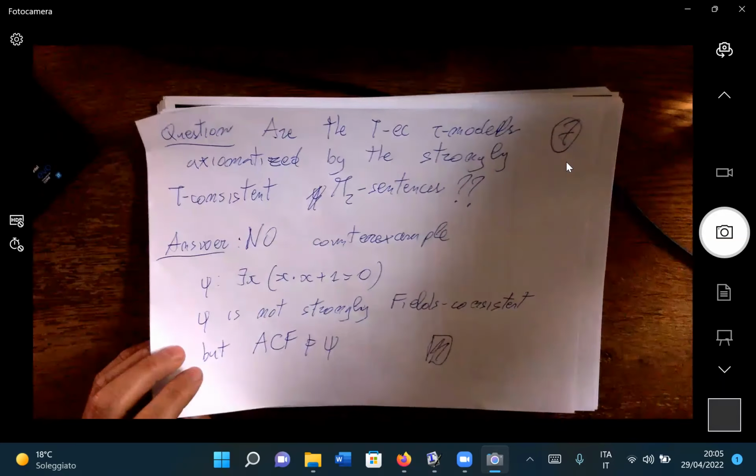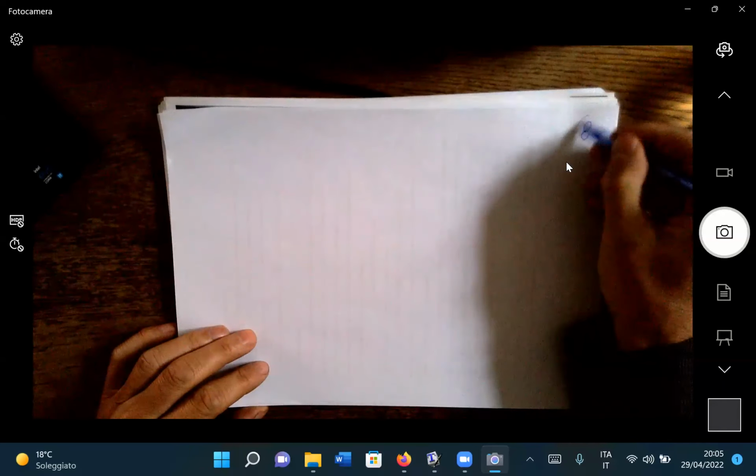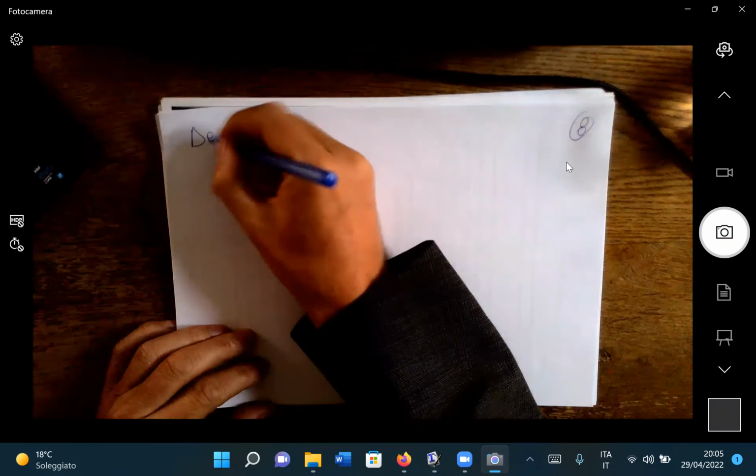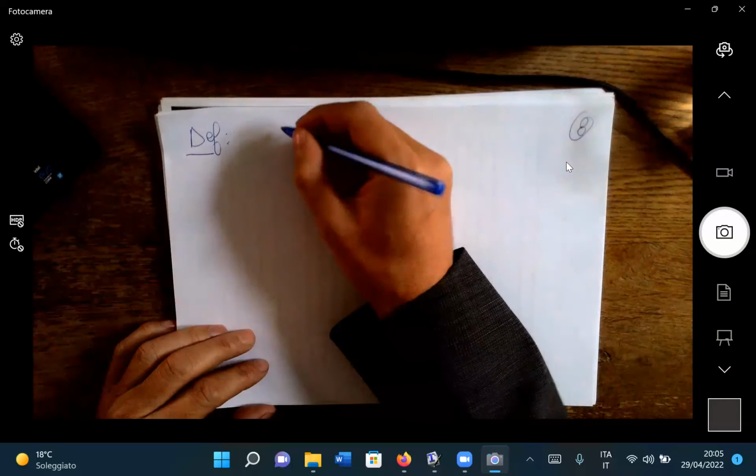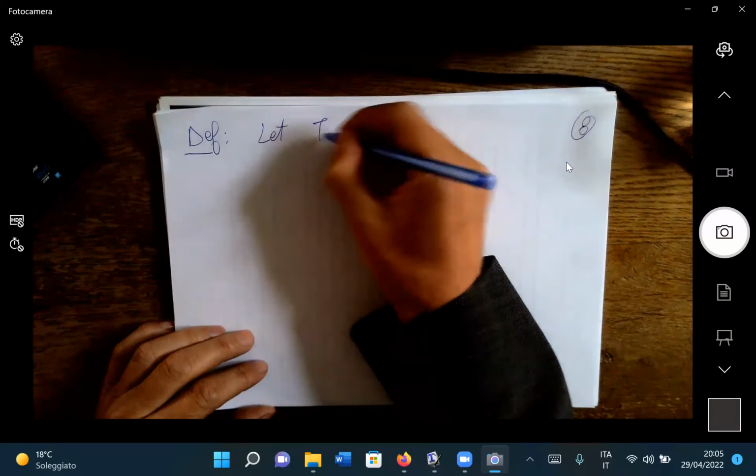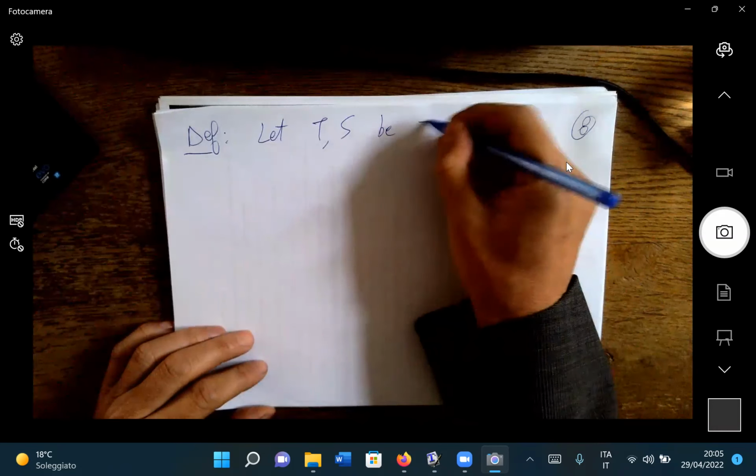Okay, so here is where we start to depart from the standard theory of model companionship. So let me now define model companionship. So let T, S be tau theories.